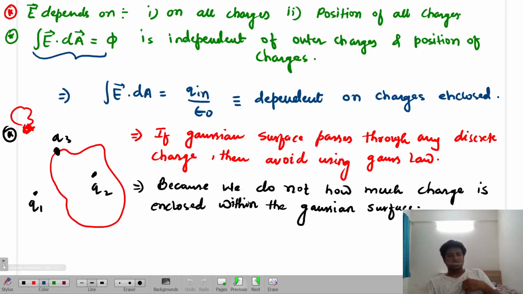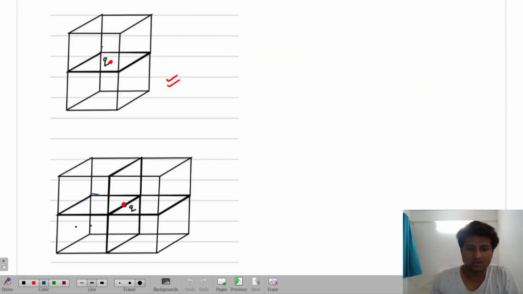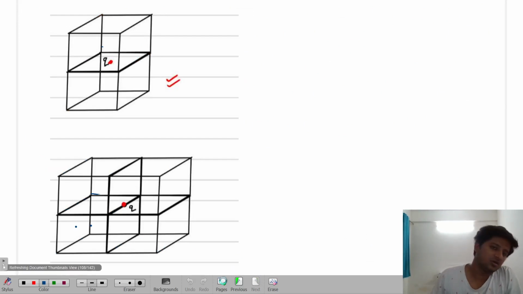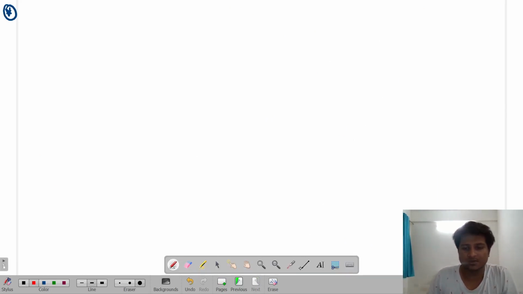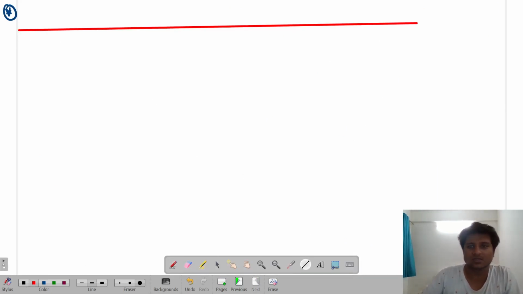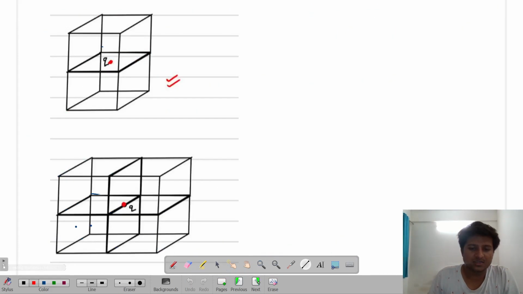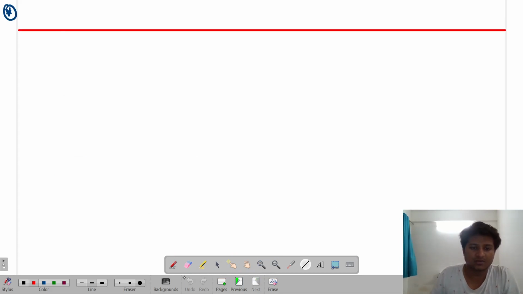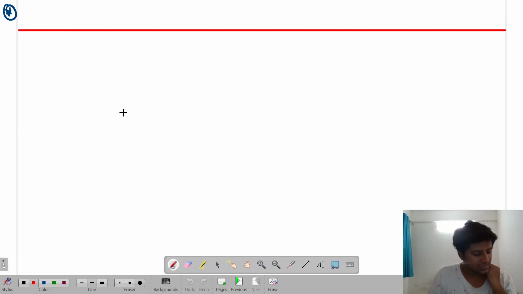So this was our discussion on flux based on Gauss law. Okay, so let us move on to the perfect utilization of Gauss law and do some derivations. Earlier we discussed the cases of ring, disc, and straight rod, isn't it? And the cylinder, spherical shell, hollow sphere and solid sphere we were going to discuss after the Gauss law description, isn't it?